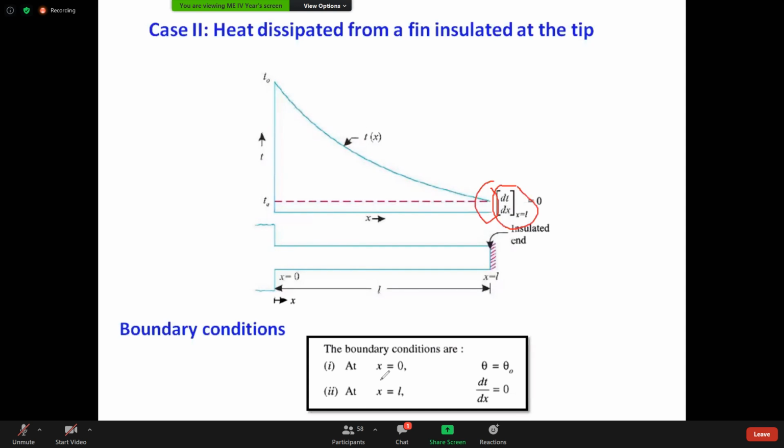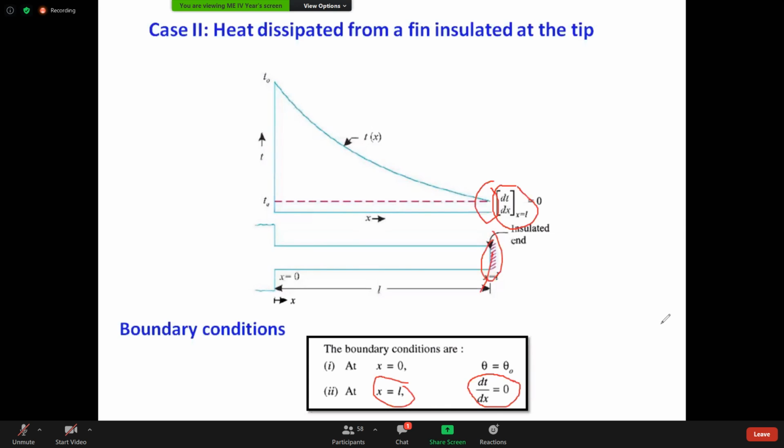That is the boundary condition. At a finite length, the temperature gradient is 0 here because it is insulated. There is no other transfer of energy to the outside. That is the reason at x is equal to L, dT by dx is equal to 0, we need to substitute.